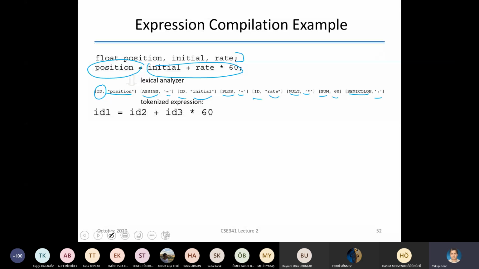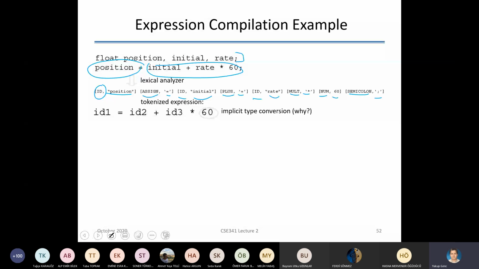So ID1 equals ID2 plus ID3 times 60. This is the tokenized expression. Then one thing that we'll do is we'll look at this later again, but when we talk about this expression, this number 60 has an implicit type concept on it.